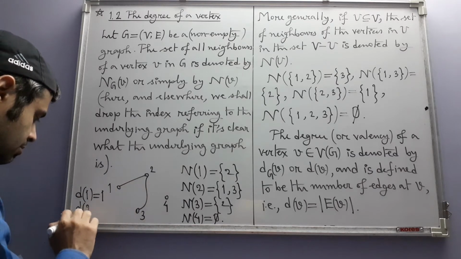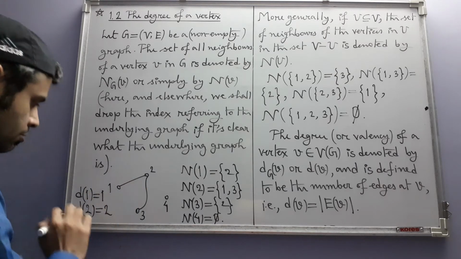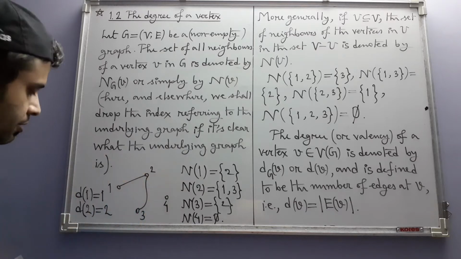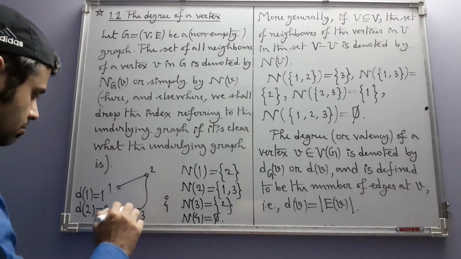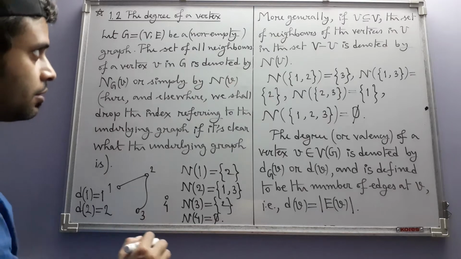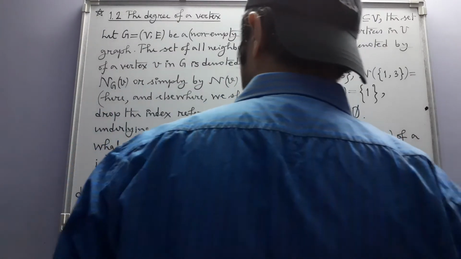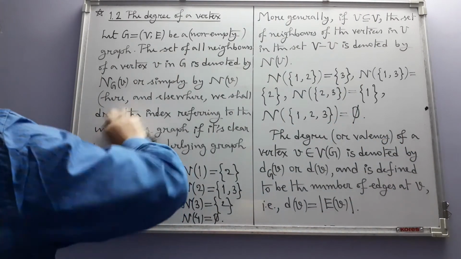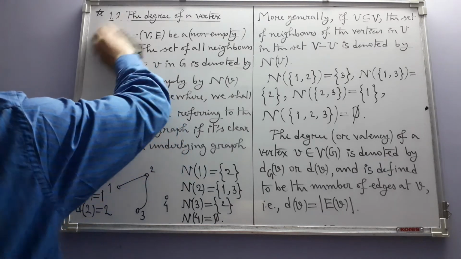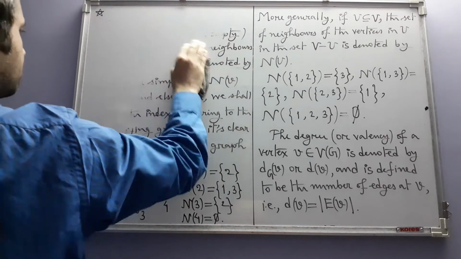D of 2 is 2. There are two edges incident on 2. Where shall I write? Let me write there itself, or I can wrap this part off. Keep the example.